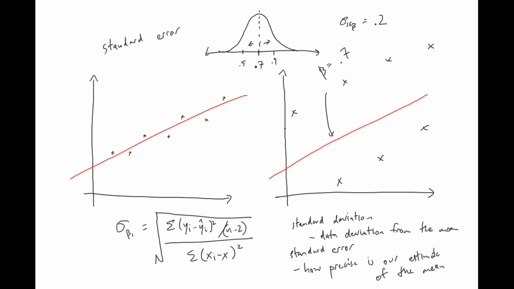Another common one that we talk about in terms of whether or not a model is quote unquote good is R squared. So let us hone in and talk exactly about what that means. R squared is the coefficient of determination.